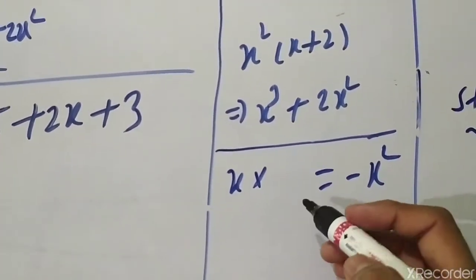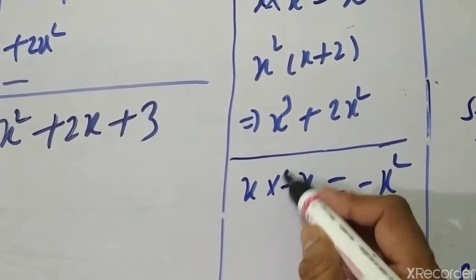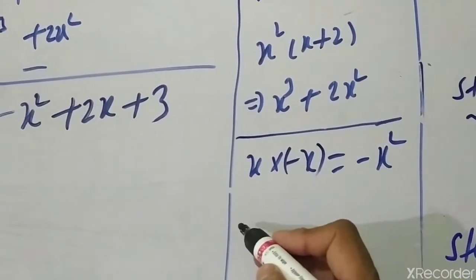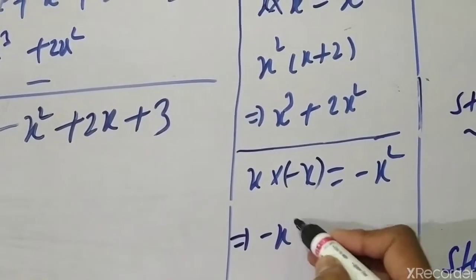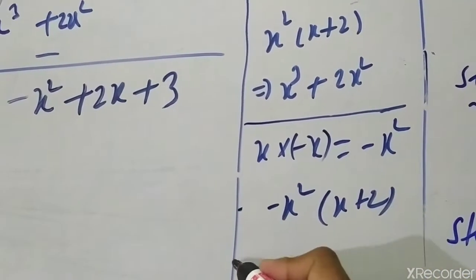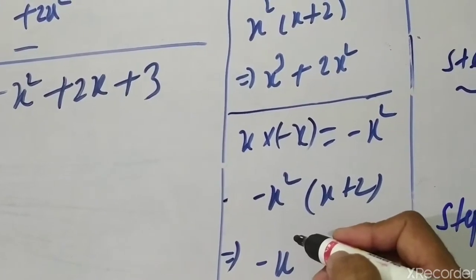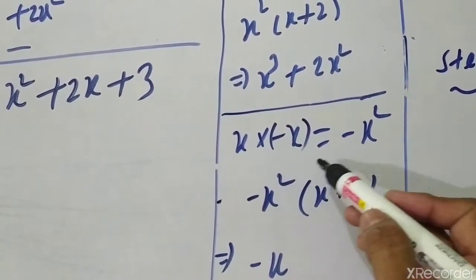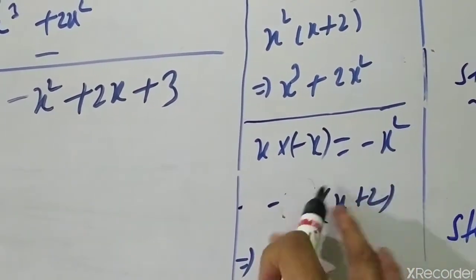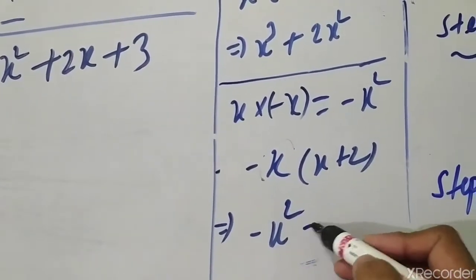So what are we going to multiply? Minus x. Now minus x multiplied by x plus 2 is minus x square minus 2x.